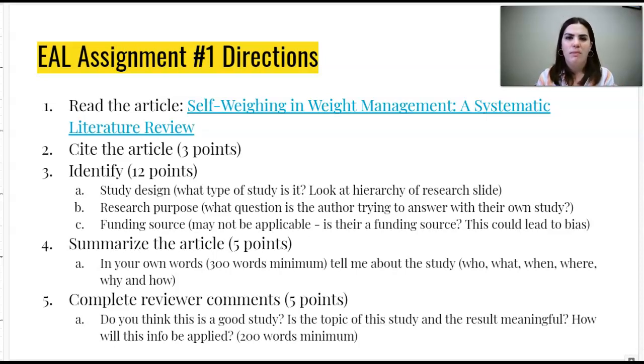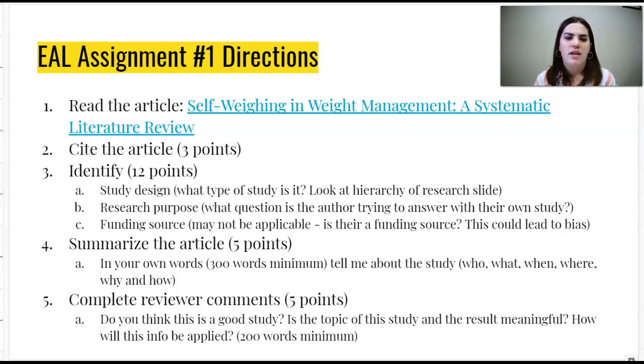How will that information be applied? Like, what are the next steps? If there's not enough evidence at this point, then what should future research studies look to do? Look to change, or look to find out what we still haven't found out yet.